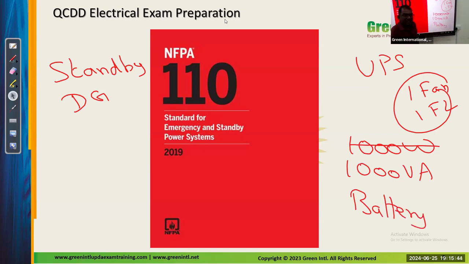The battery will supply 1000 VA for 1 hour in my town, for 2 hours in your town. So we need to calculate the AH: A depends upon the load, H depends upon the actual requirement. For the standby power generator, we don't know whether we need 1 hour or 2 hours of backup, it depends on the situation. That is also an important thing. In our exam, mostly we have a question like that. Okay, now.